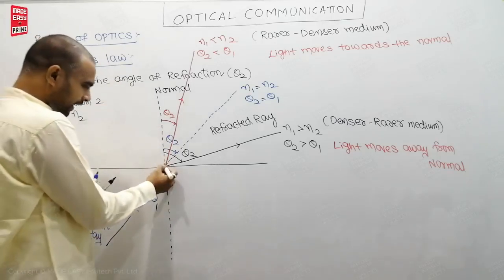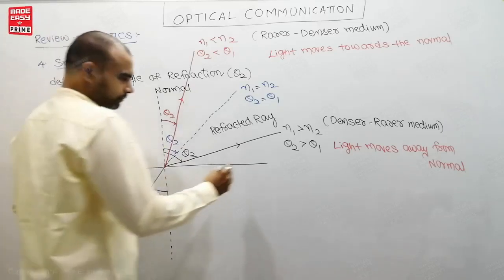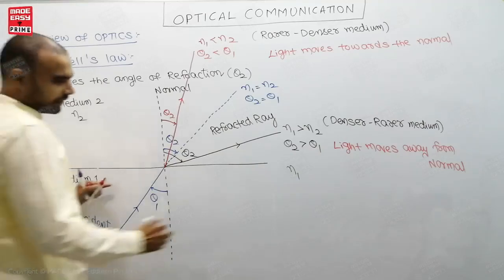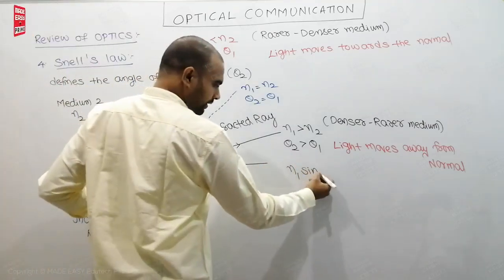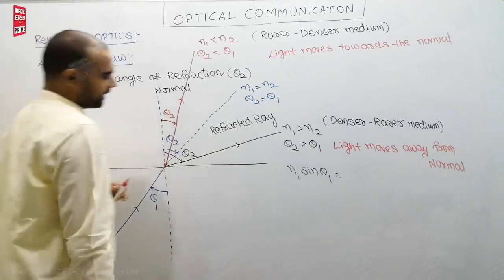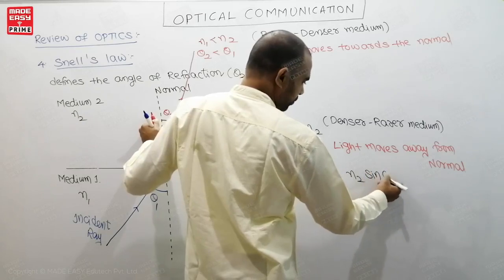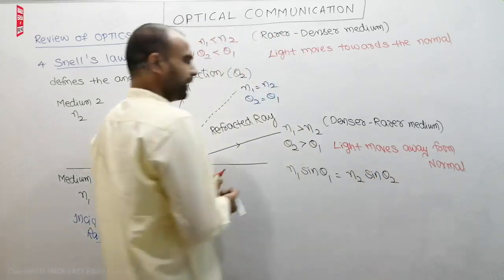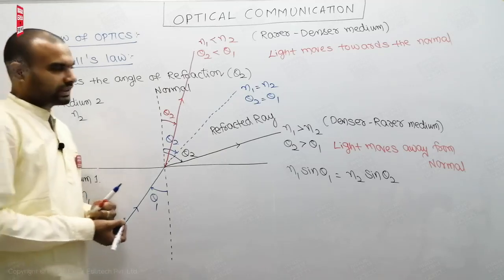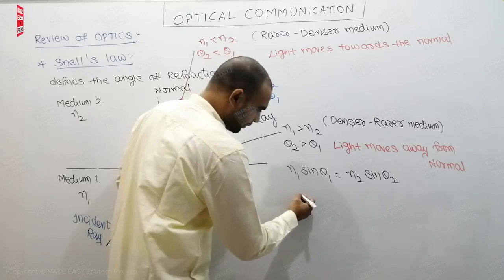So at this point I am applying Snell's law: N1 sin theta 1 is equal to N2 sin theta 2. So we can write it in this way.